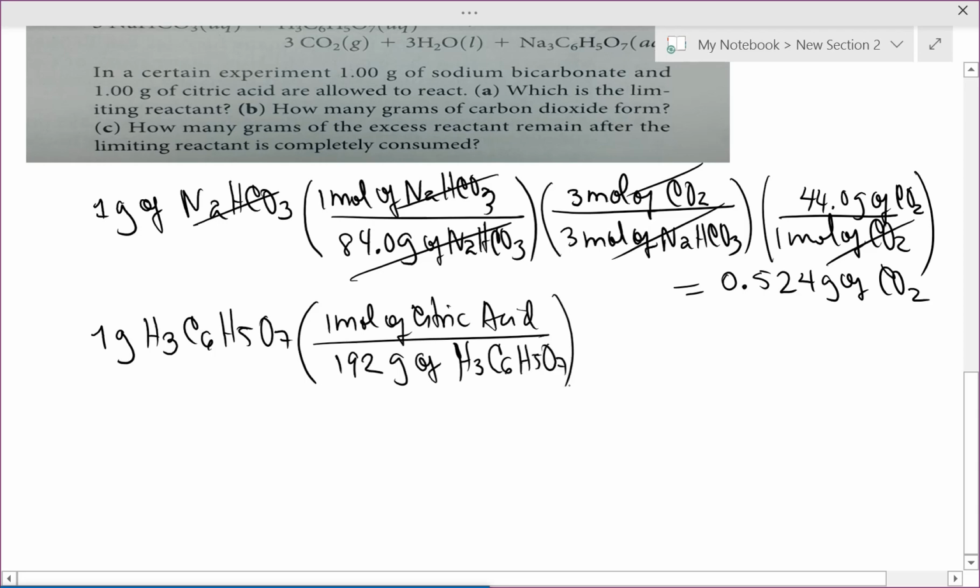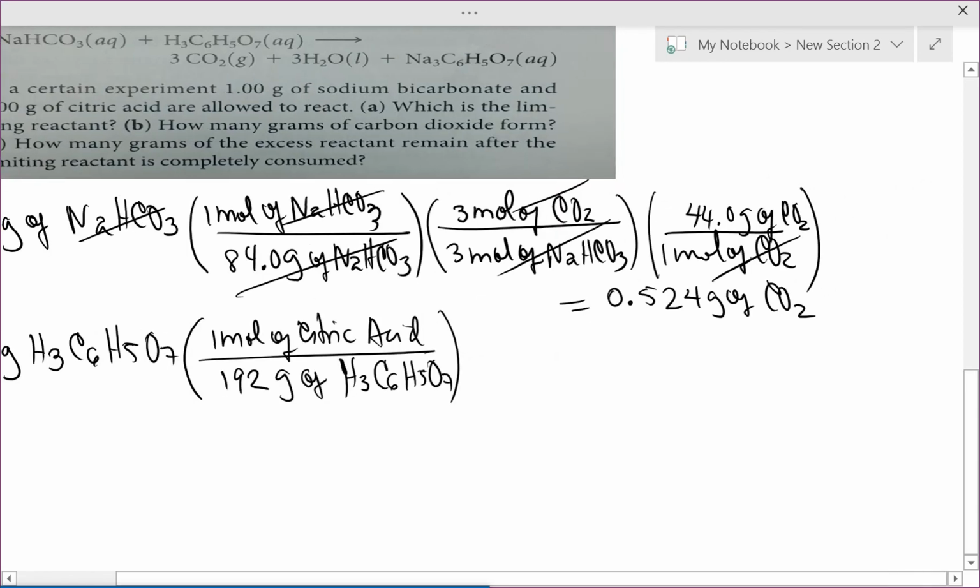So now, following the equation that we have on top, for each mole of the citric acid, there are 3 moles of carbon dioxide.